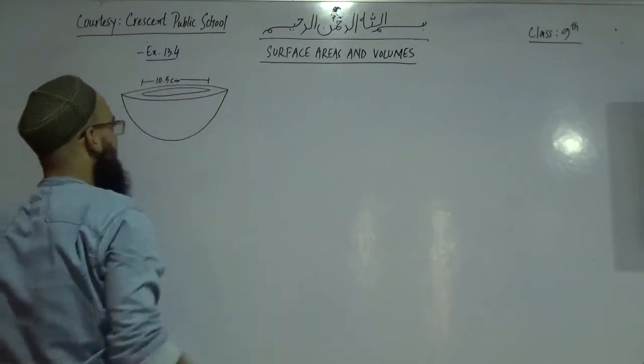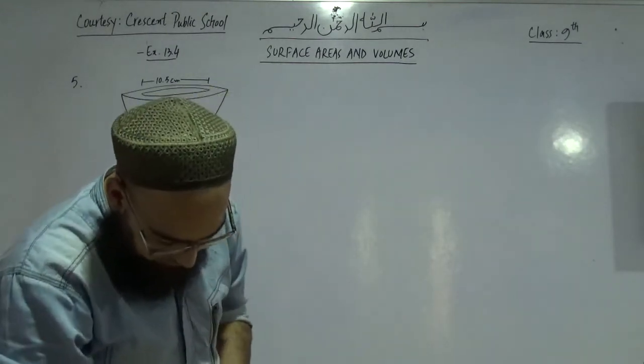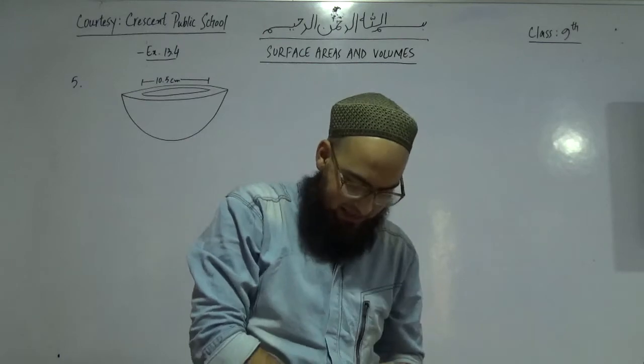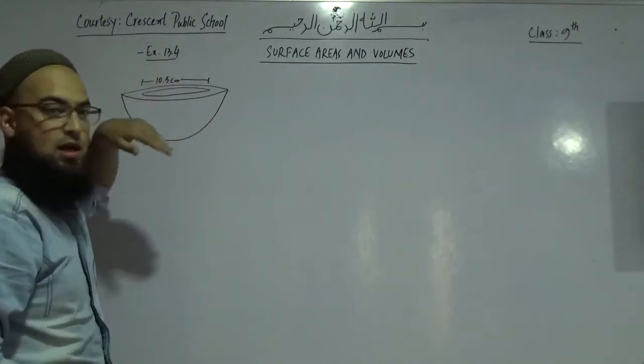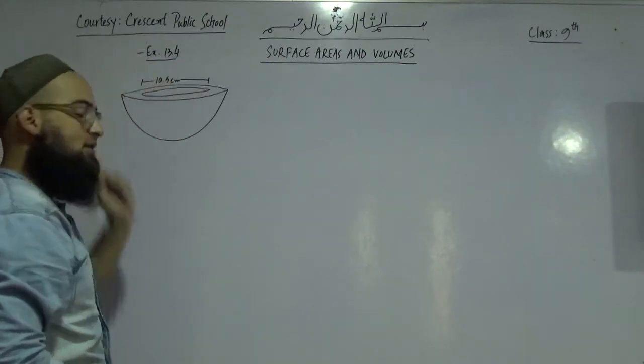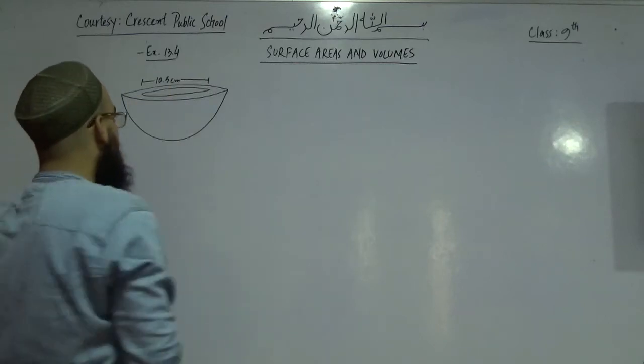Inner diameter of this is 10.5 centimeter. Find the cost of tin plating it on the inside. So you have to do the tin plating inside the bowl. That means you are considering the curved surface area for this hemisphere.